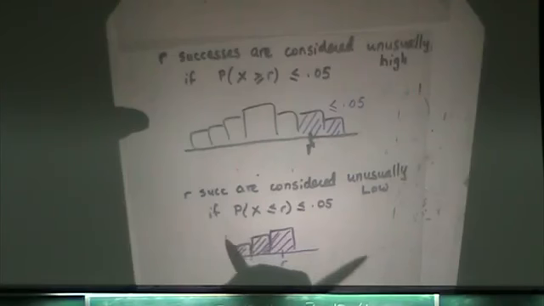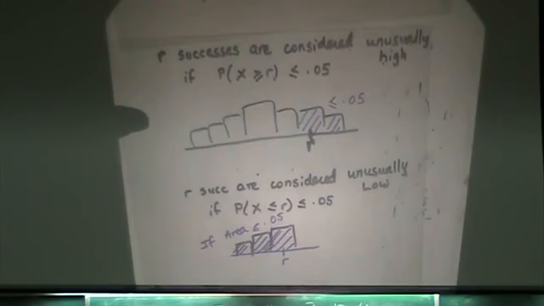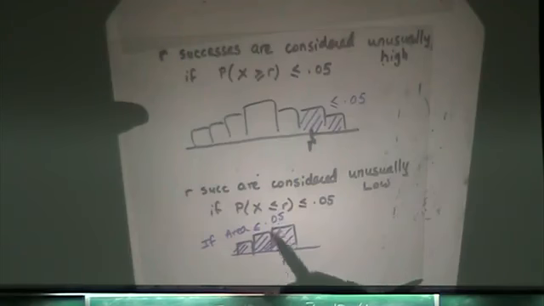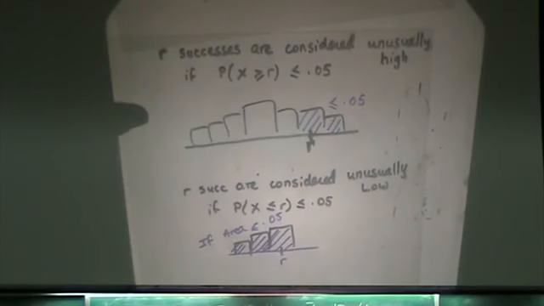And if this area is less than or equal to 0.05, then it means that R is in the tail of the distribution already. I'm talking about p-value again, the probability of being more extreme on the left side. If that's very small, then R is unusually low. Do you understand what I'm saying?